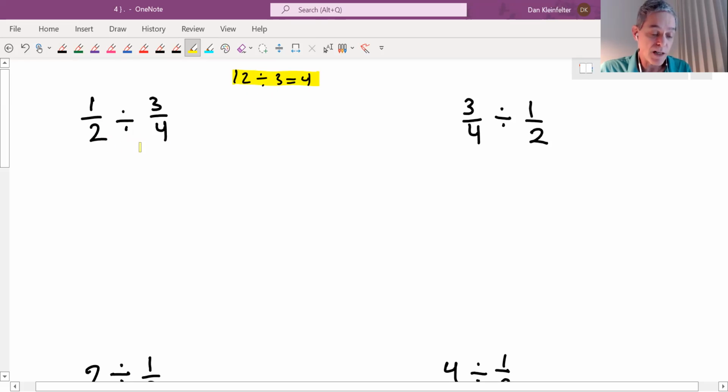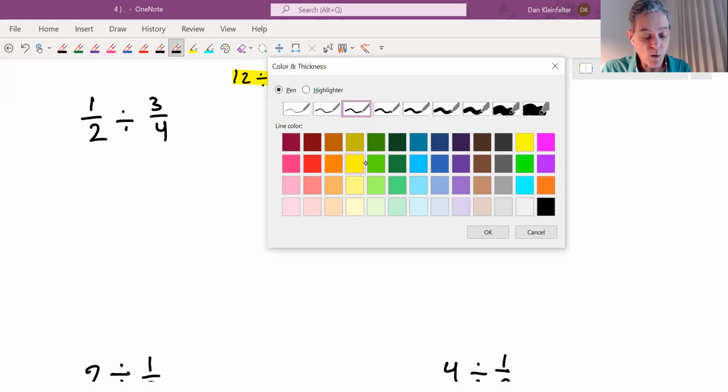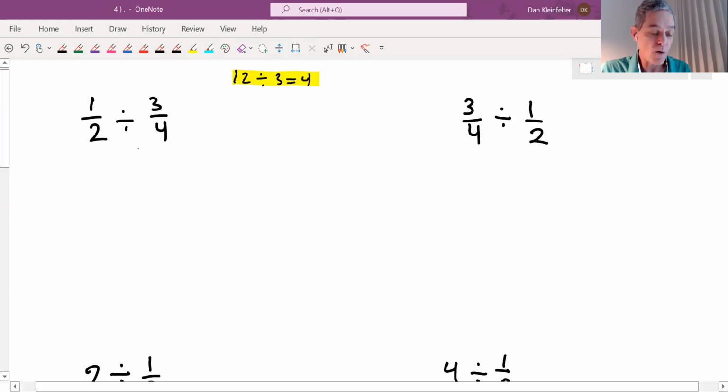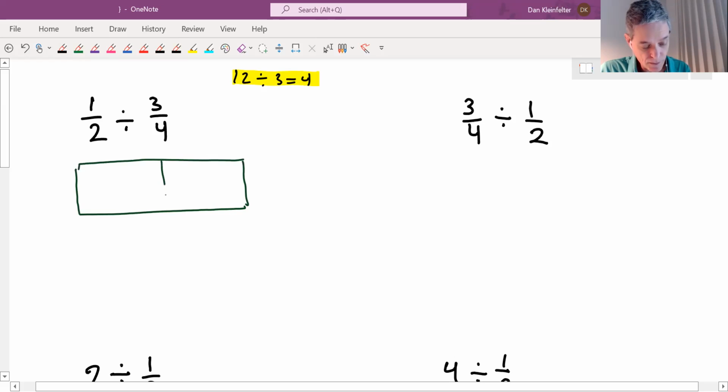So for this first one here on the left, I have 1/2 divided by 3/4. We want to figure out how many 3/4 there are in 1/2. So let me draw a picture.